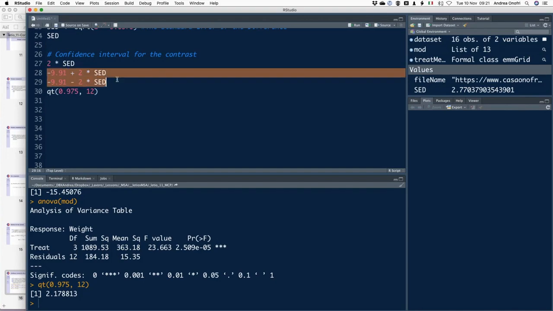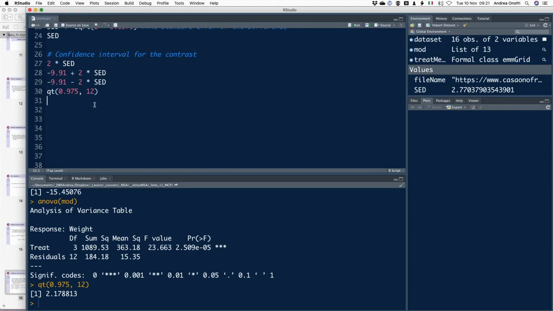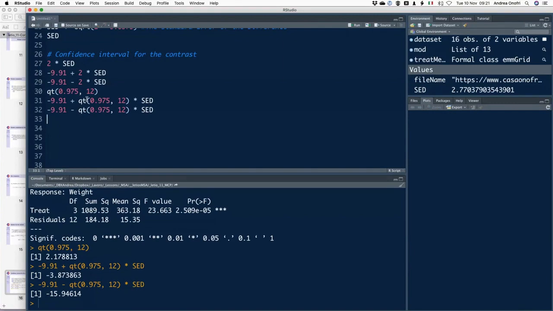So in this case, we rewrite the confidence interval like this. We replace 2 with the 97.5 percentile from a Student's t-distribution. And we go here. So the interval becomes wider, but still we go from minus 15.9 to minus 3.9.